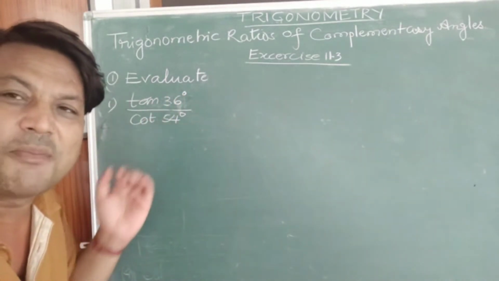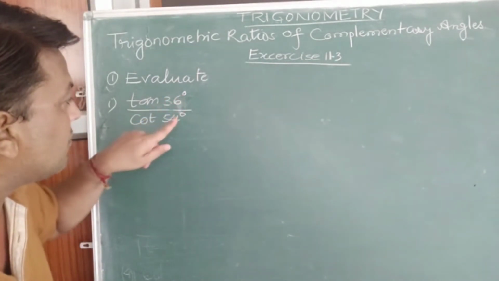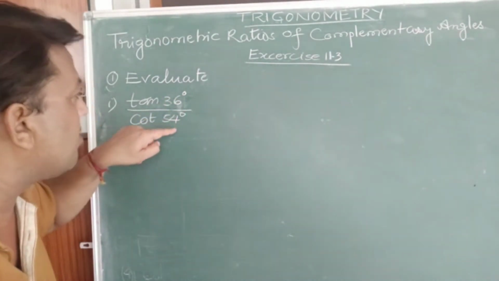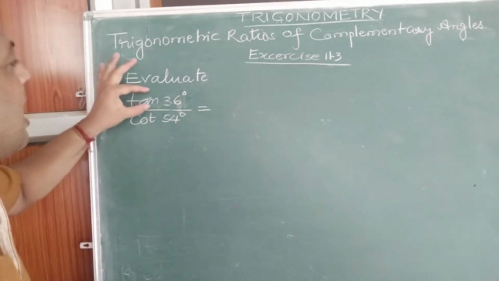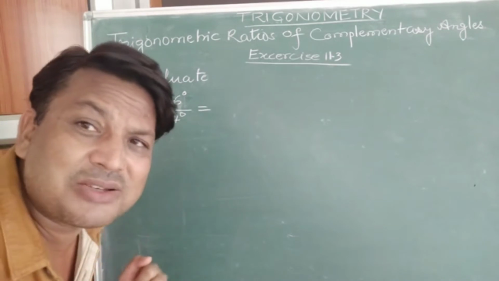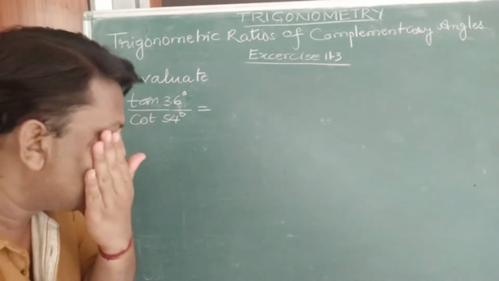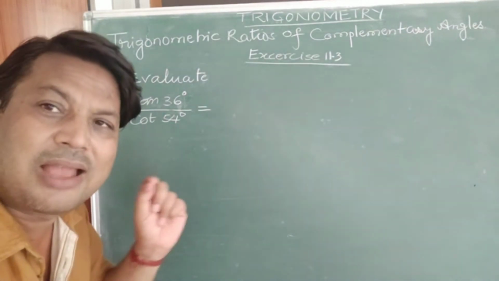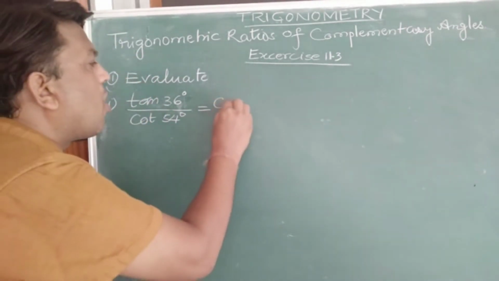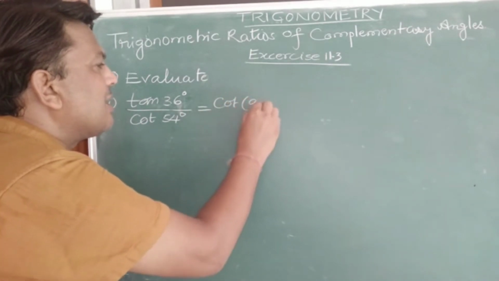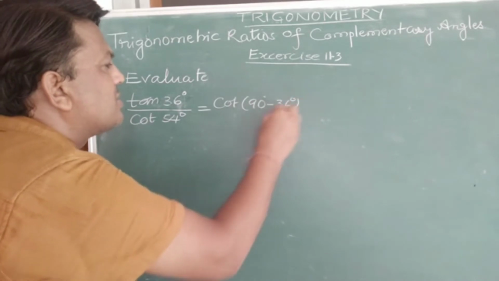When these two are complementary angles, either you convert the numerator in the form of the denominator or the denominator in the form of the numerator. Okay children? So it is tan A. What is tan A equal to in the complementary angle formula? In the trigonometric ratios of complementary angles, tan A is equal to cot 90 minus A. Here in place of A, what is there? 36 degree.